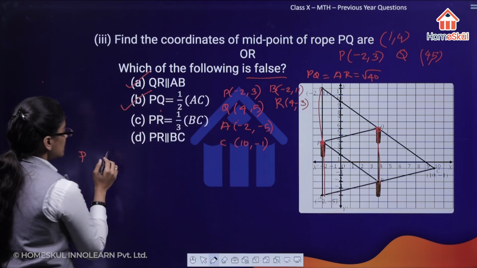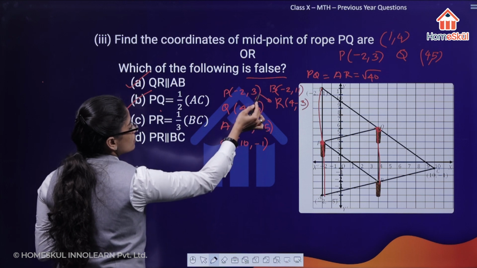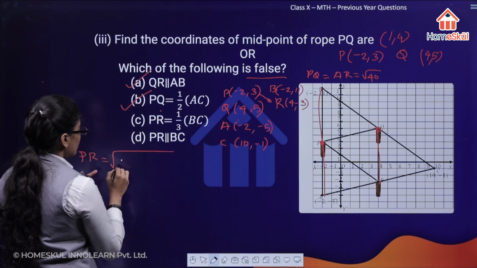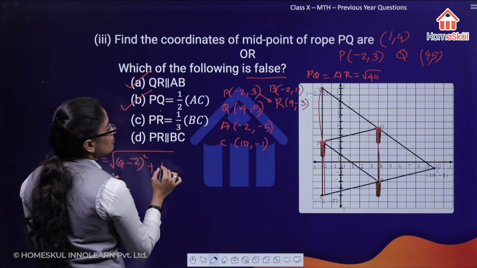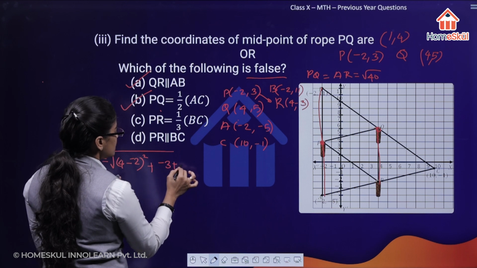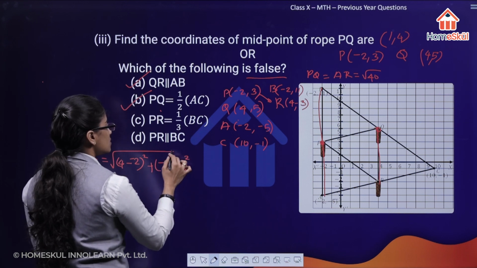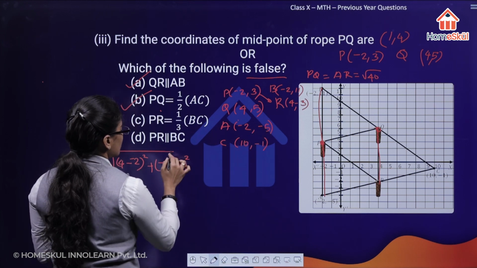The distance PR is equal to root of x2 minus x1 the whole square plus y2 minus y1 the whole square, which is 4 minus minus 2 the whole square plus minus 3 plus 3 the whole square.